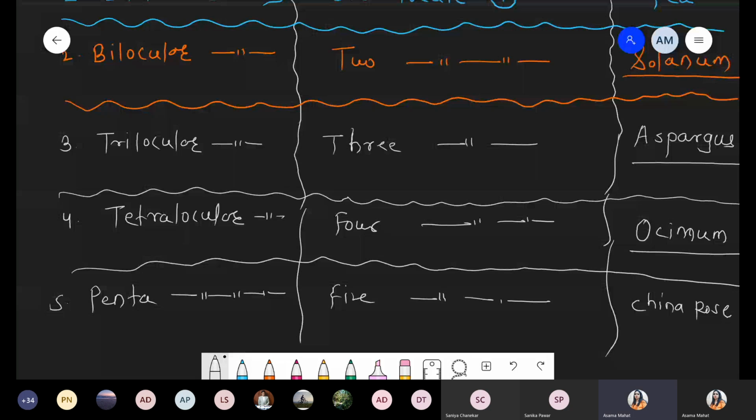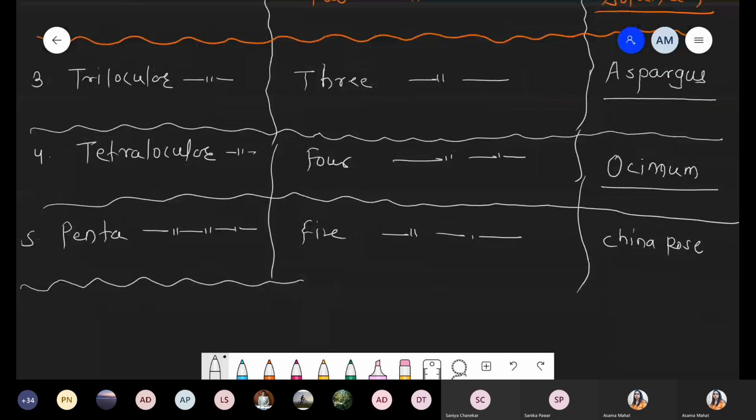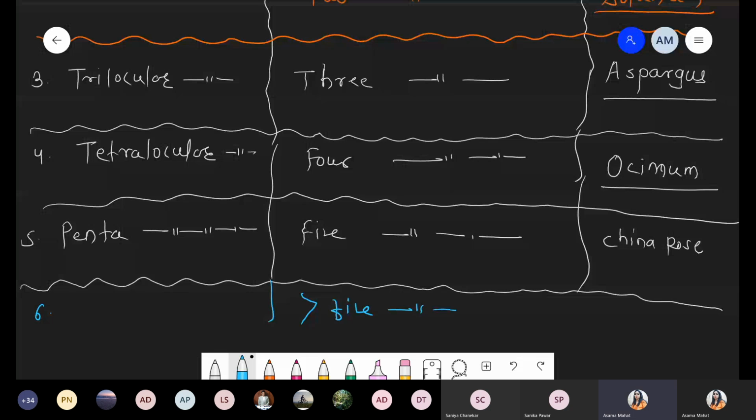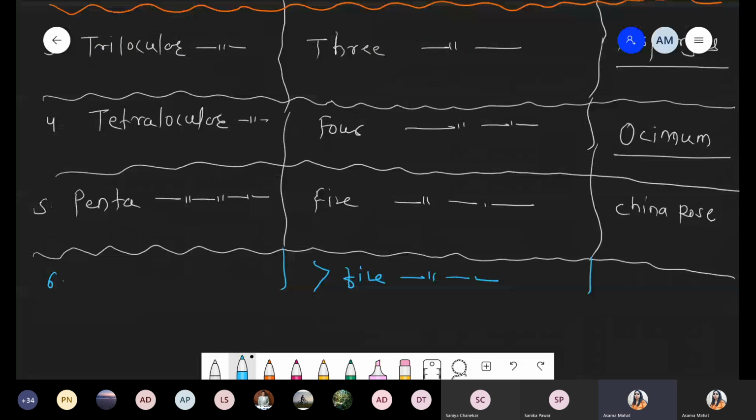And the last condition: if more than 5 chambers or locules are present, such a condition is called a multilocular ovary, which is very common in okra.